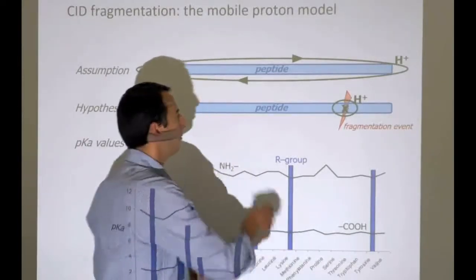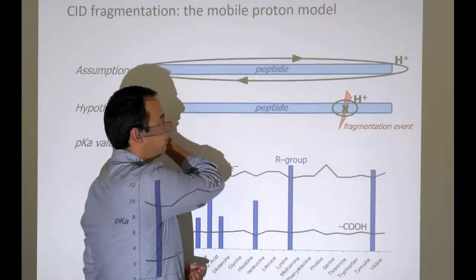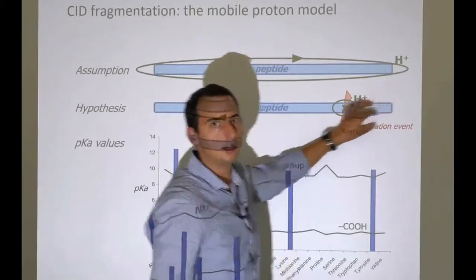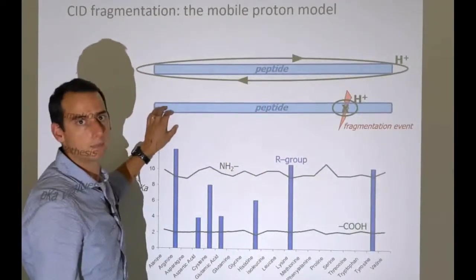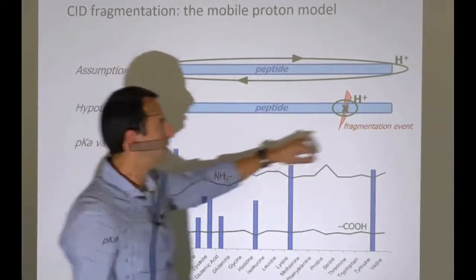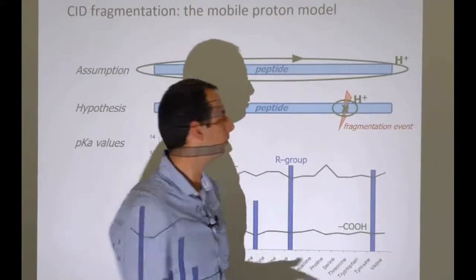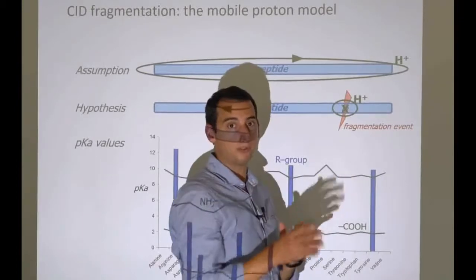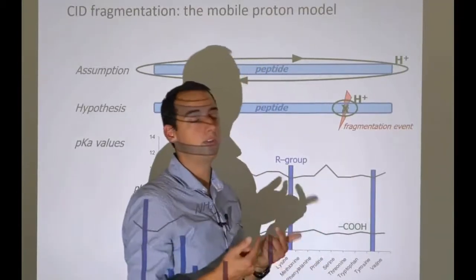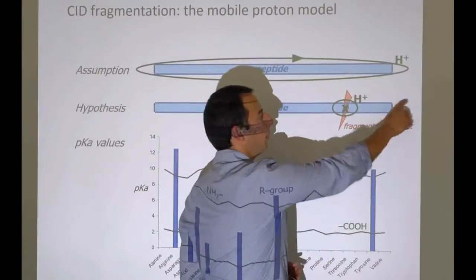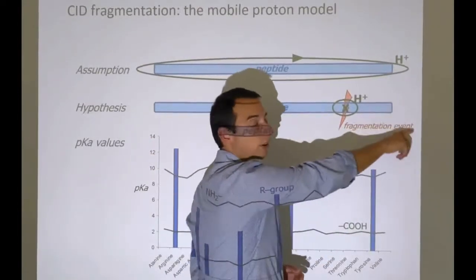That actually means that there is a very good probability that the protons will be highly localized. They will either spend a lot of time here, or they will spend a lot of time here, right? If there's an arginine at the end, and remember arginine and lysine, why are these so special? We use trypsin to cleave proteins into peptides, and trypsin cleaves C-terminally, or after lysine or arginine, so the vast majority of our peptides will end in lysine or arginine.